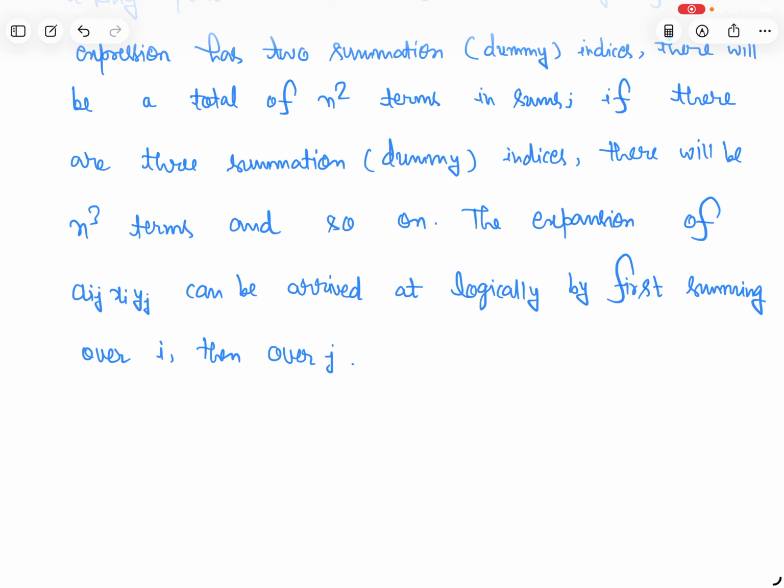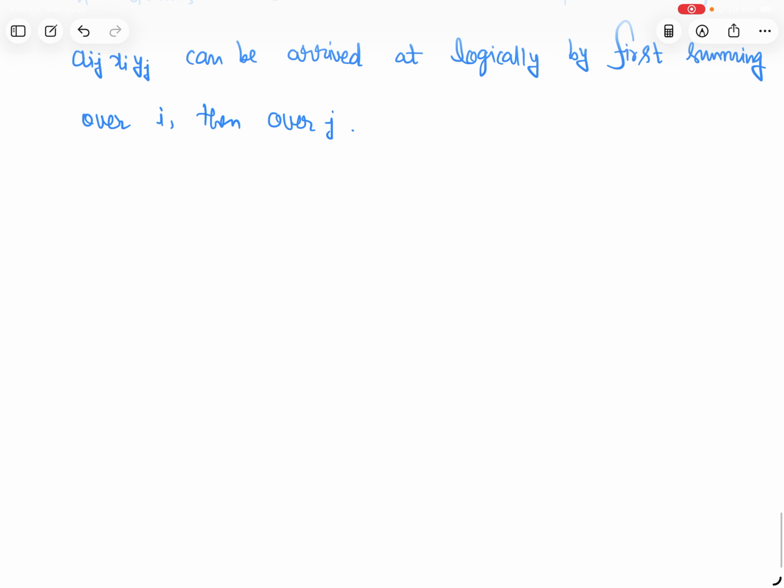For example, I am giving an example. Aij xi yj. What is this? We have to take summation over i first. Then j is fixed. You have to keep j fixed first. Then what is this?